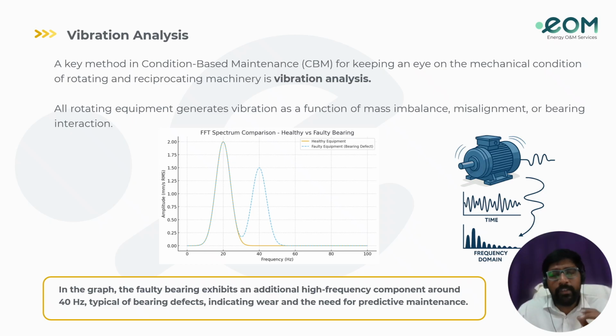If we carefully observe the graph, the faulty bearing exhibits an additional high frequency component around 40 Hz, which is typical of bearing defects. This shift from baseline vibration indicates mechanical wear, prompting predictive maintenance before catastrophic failure occurs.